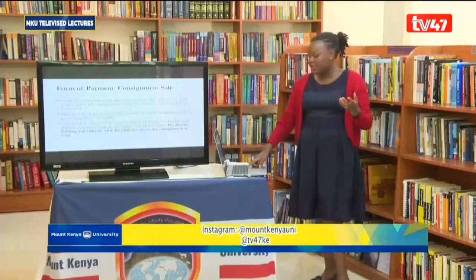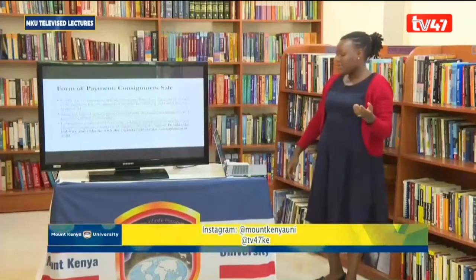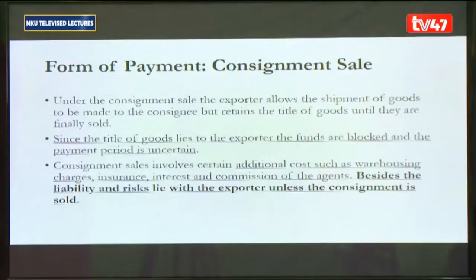The next one is consignment sale. When you're talking about consignment sale, the exporter allows a shipment of goods to be made to the consignee, but retains the title of goods until they are finally sold. Is that clear? Since the title of goods lies with the exporter, the funds are blocked and the payment period is uncertain.